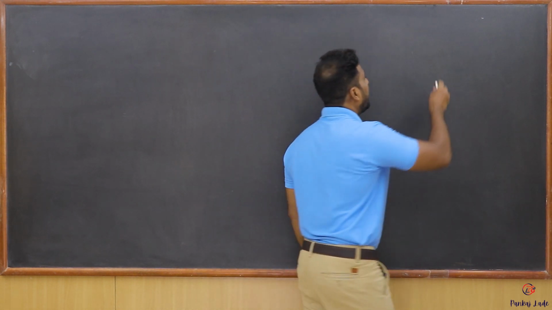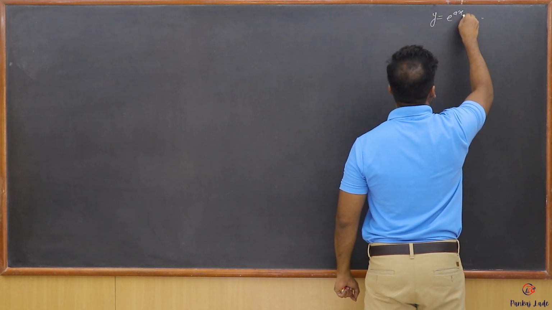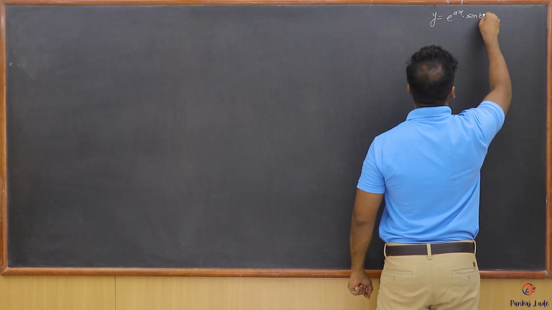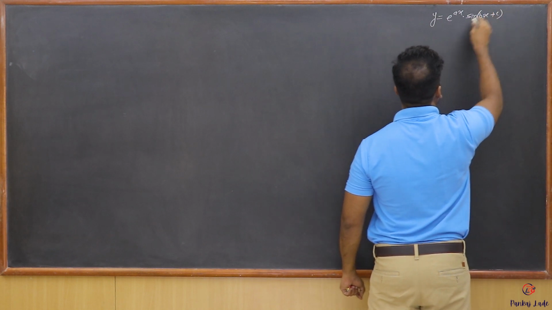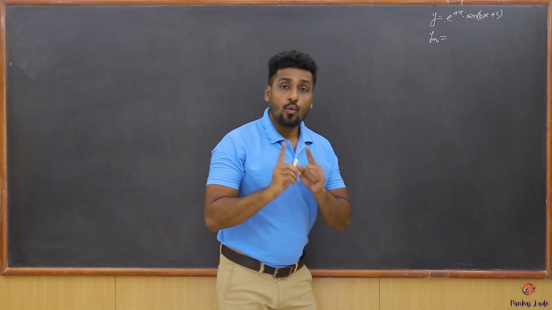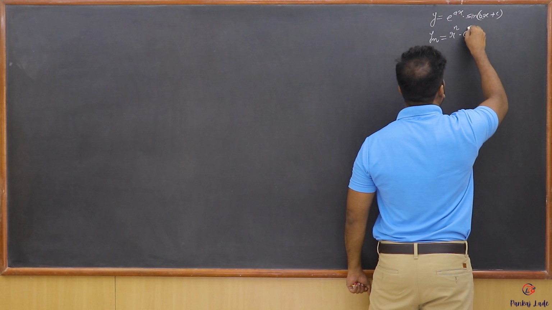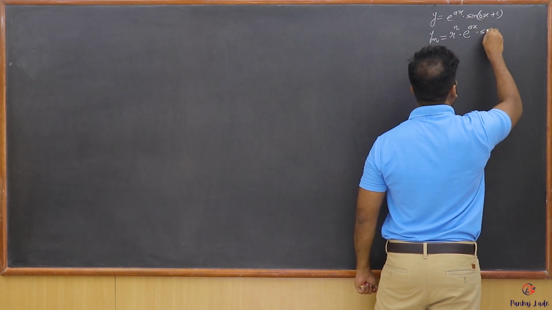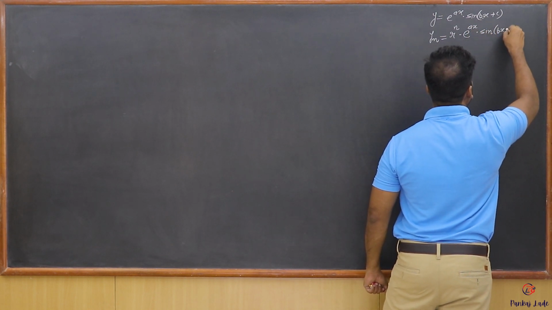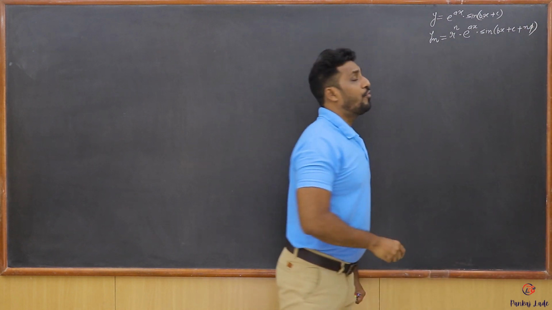So we remember, if I have the function y is equal to e raised to ax into sin bx plus c, then students, yn is given by what formula? Yn becomes equal to r raised to n into e raised to ax into sine of bx plus c plus n times phi, isn't it?